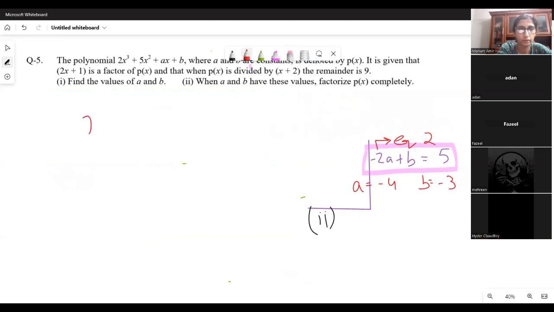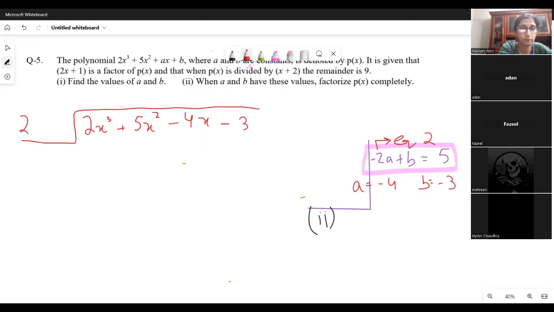So it's 2x cube plus 5x square minus 4x minus 3. That's the dividend. The divisor is 2x plus 1. Let's start dividing. X square would be the first expression of the quotient. 2x cube plus x square.